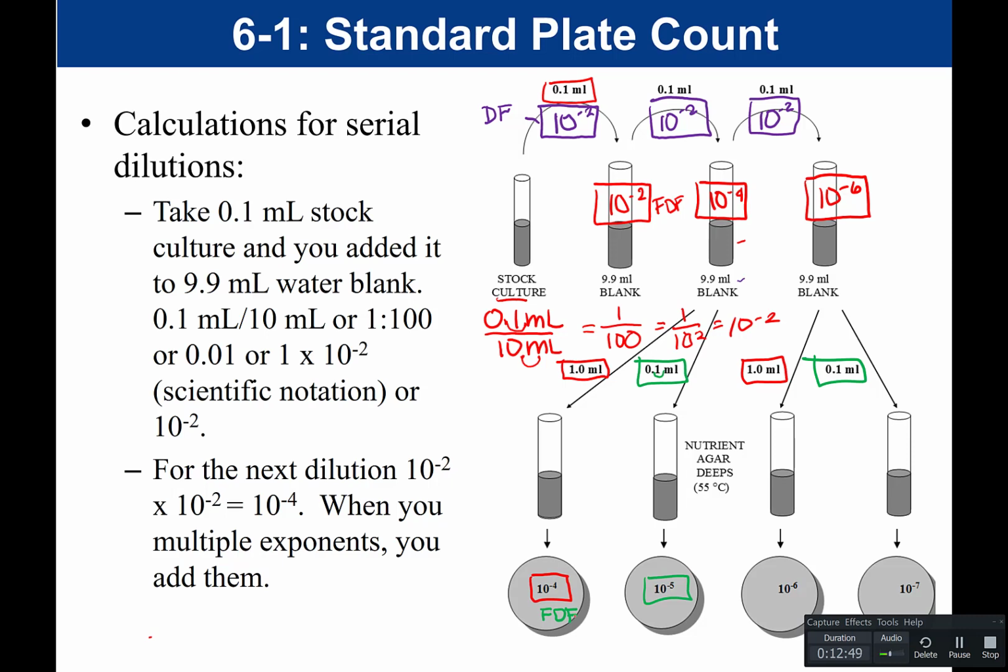Now, one of the things to note, and I'll describe this again as we go through this experiment, is the volume that's in these nutrient agar deeps. What that means is basically that's agar that is still liquid. Remember when we make agar, the agar is going to liquefy at 100 degrees Celsius and it will solidify at about 40 degrees Celsius.